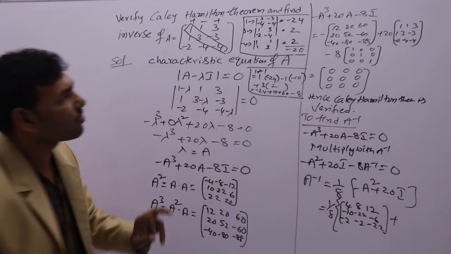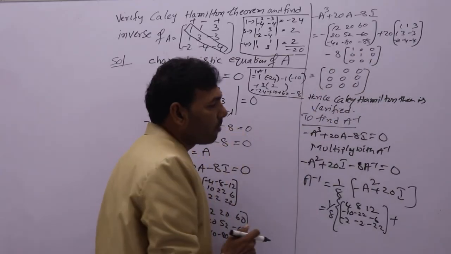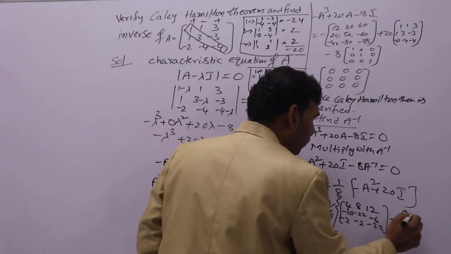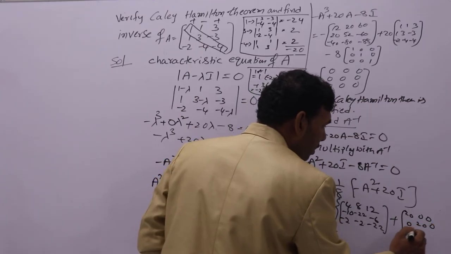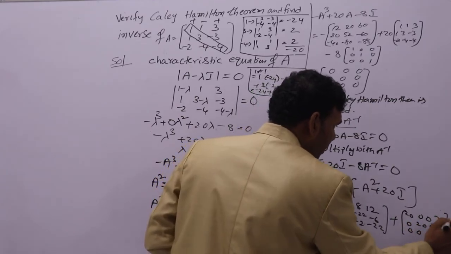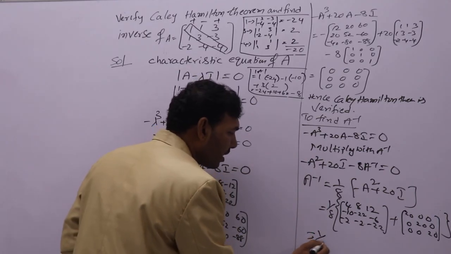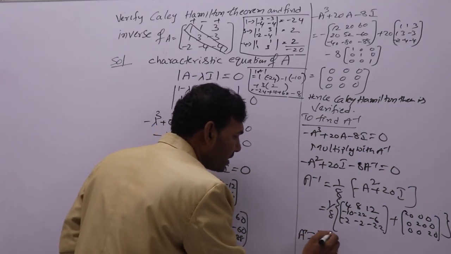Multiply the I matrix with 20. What you will get? 20, 0, 0; 0, 20, 0; 0, 0, 20.